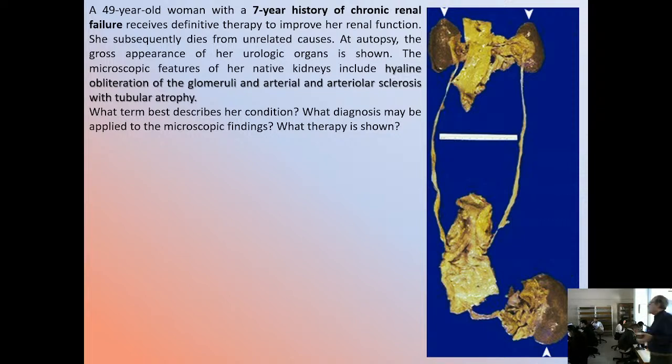Could the atrophy of these kidneys be due to pyelonephritis? No. Why? Because there is no dilation. Remember that chronic pyelonephritis has a dilated pelvis and pyelocalyceal system.